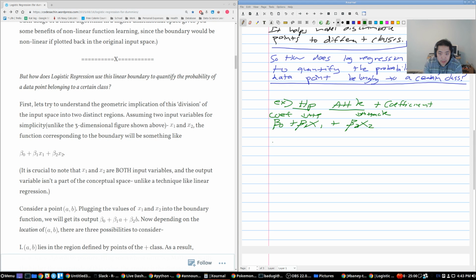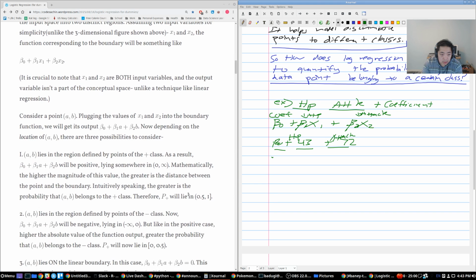Now let's say the coefficient is, I don't know, let's not worry about the coefficient because I really don't know. But if it's like 43 plus 72, and this is attack, and this is HP. So there's three things to consider. These two actually lie in the division of the plus class.